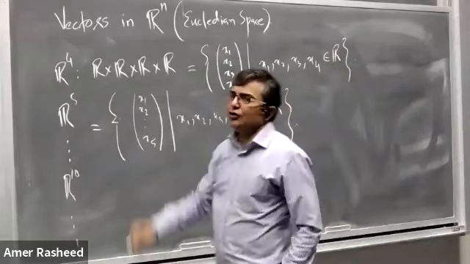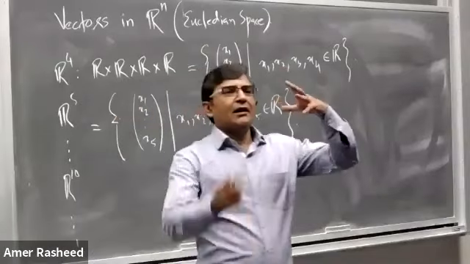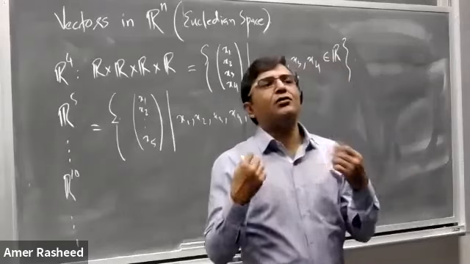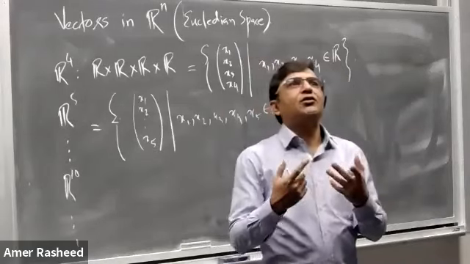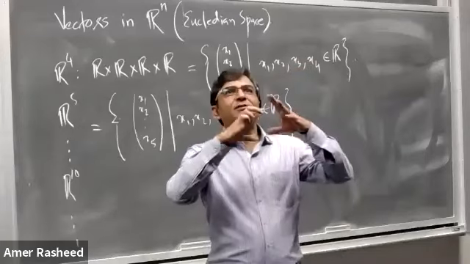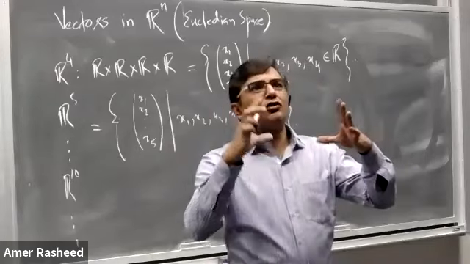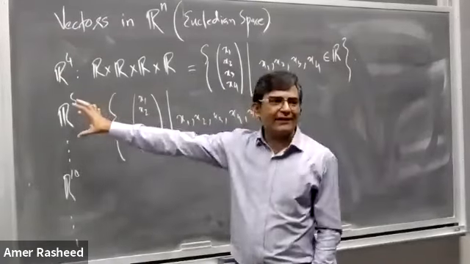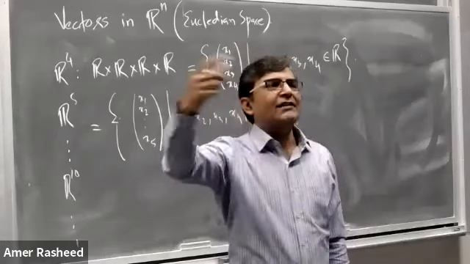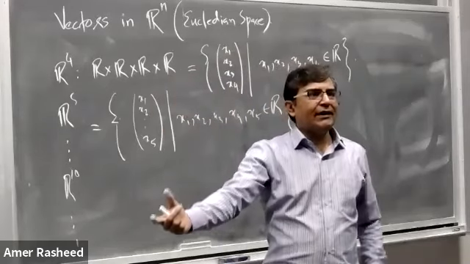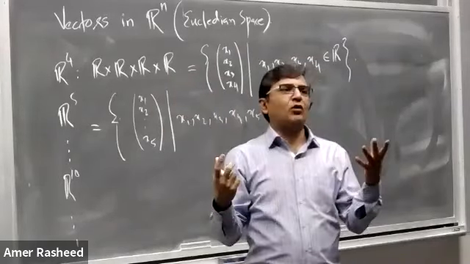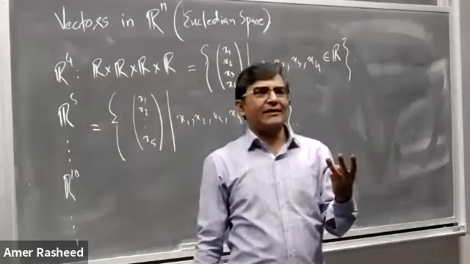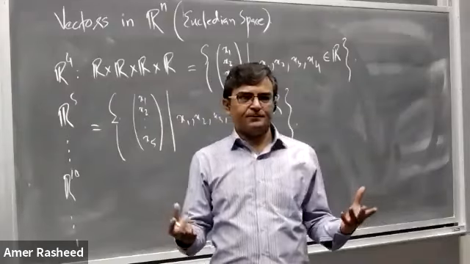So this set is basically a 5D set. If you try to visualize it, you can imagine that there must be 5 mutually orthogonal, mutually perpendicular lines which make this set graphically. Just as R cube, 3D, is three mutually perpendicular lines which make 3D space.